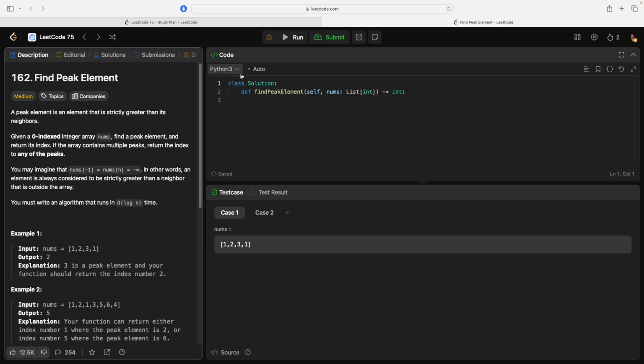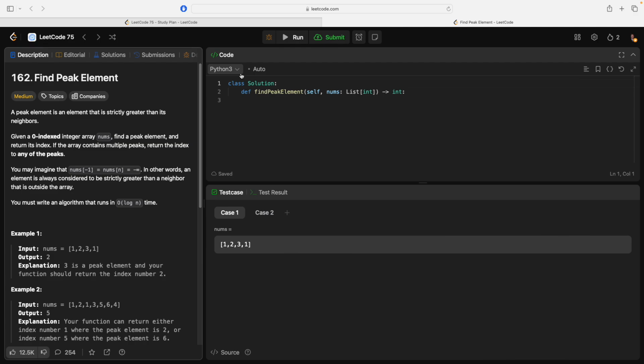So the edges instantly count. In other words, an element is always considered to be strictly greater than a neighbor that is outside the array. Oh, I see.